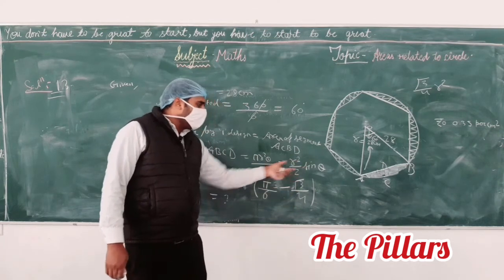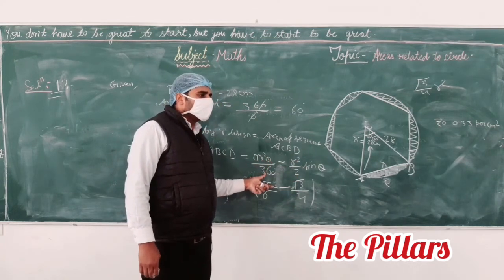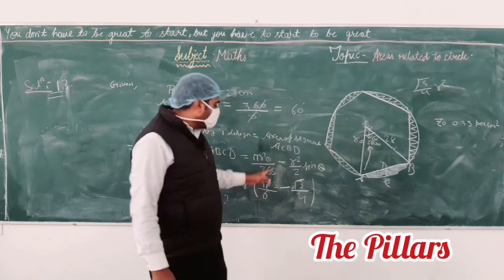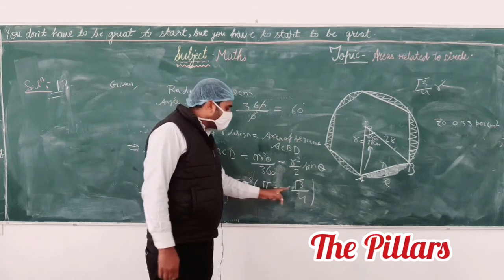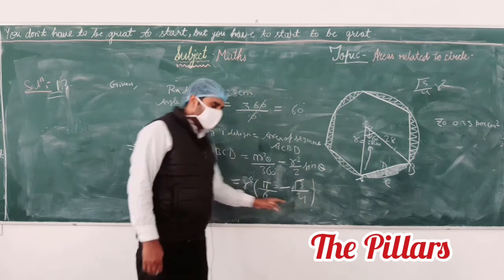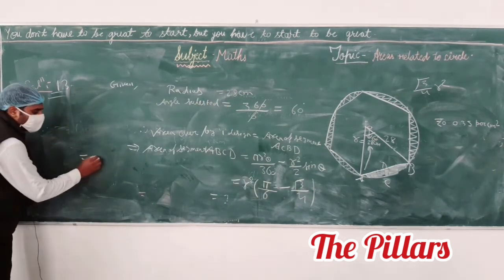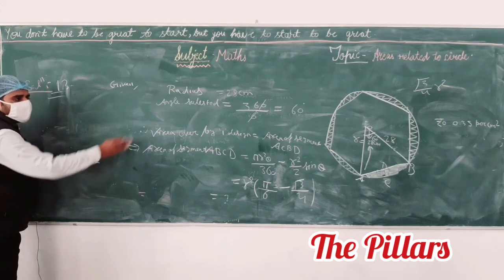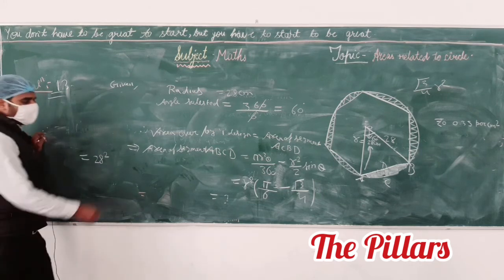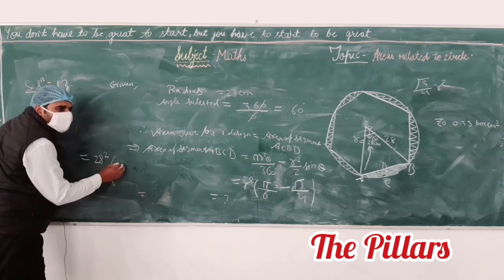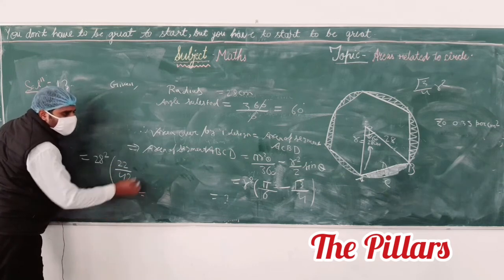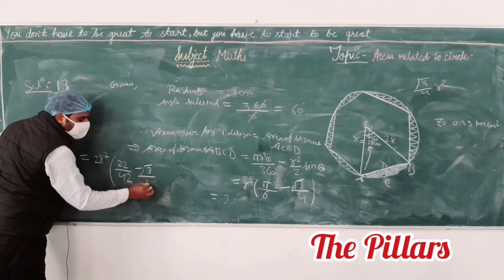You see that we have to common out r square, remaining pi theta upon 360 degrees. We put the value of theta, which is 60 degrees. 60 divided by 360, pi by 6, minus the value of sin 60, root 3 by 2, and with the 1 by 2 there, it is root 3 by 4. This will equal 28 square, and pi by 6, that is 22 by 7 into 6, 22 by 42, minus root 3 by 4.